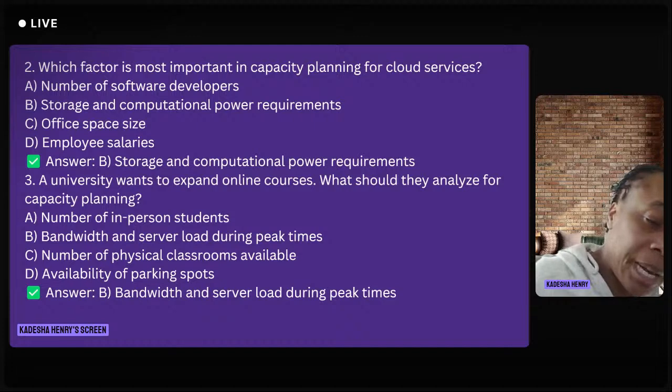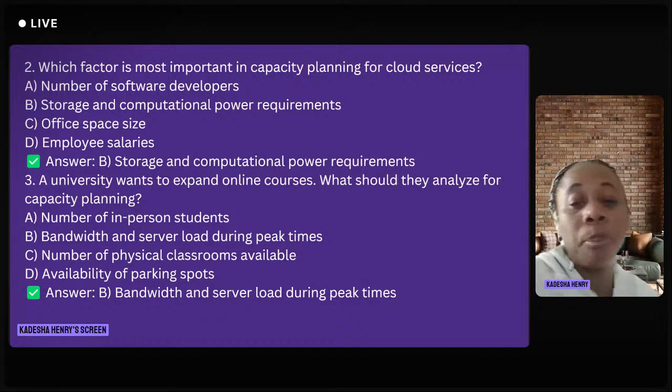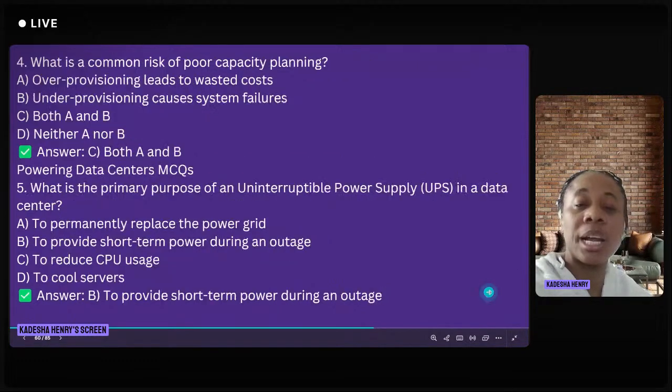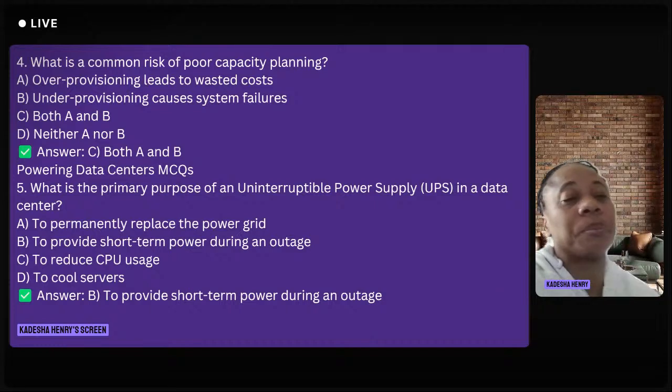The answer should be B, because we want to know the bandwidth and server load during peak time, when everyone is rushing to the system and using it at the same time. We want to make sure everything is in place.